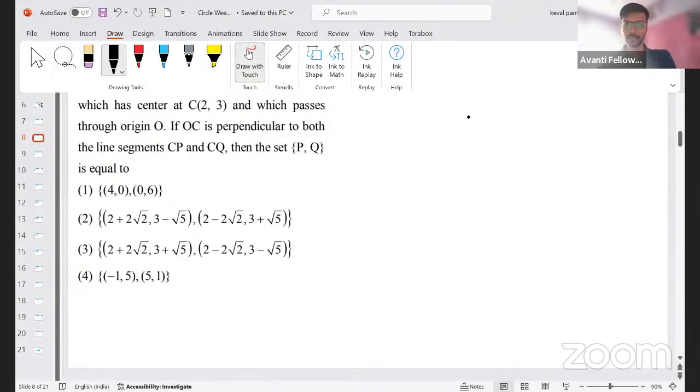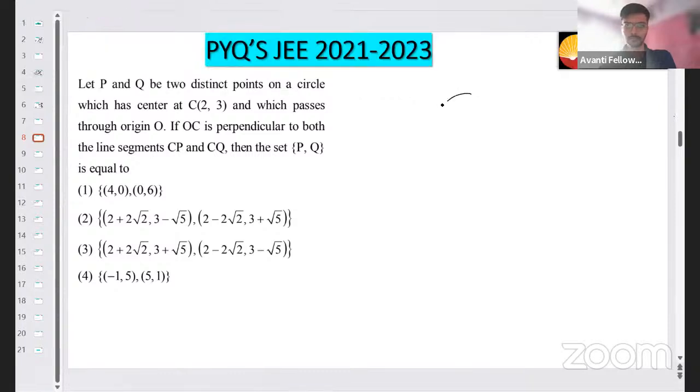Okay, I'll draw the diagram here. So this circle has center C and it passes through origin. Its center is C, which is (2, 3). Now, it is given that OC is perpendicular to CP and CQ.